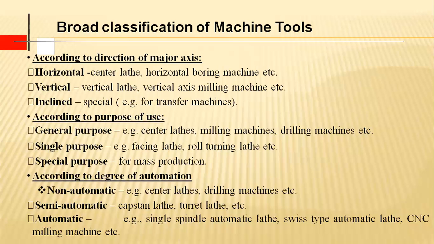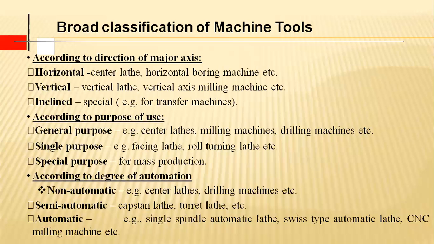Coming to the vertical lathe machine, vertical milling machine, and inclined machines, the example here is the transfer machines. These are special cases utilized for processing the work part with different inclination levels and even different contouring positions.